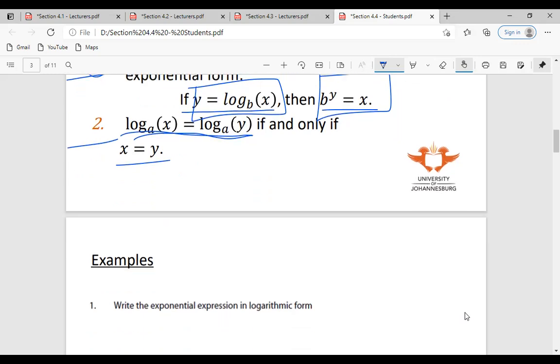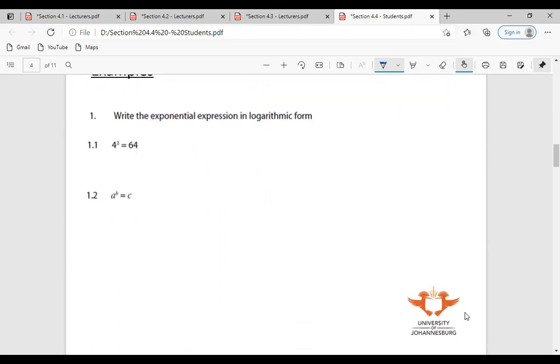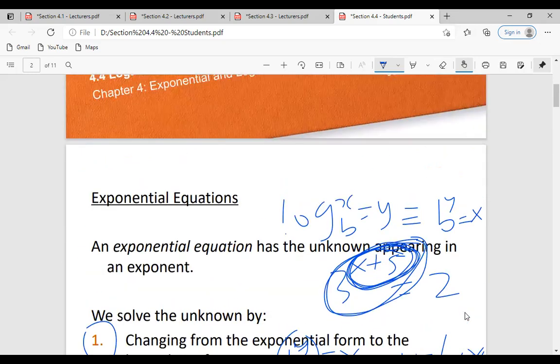Otherwise, you can just get it straight away. So that's that about this.